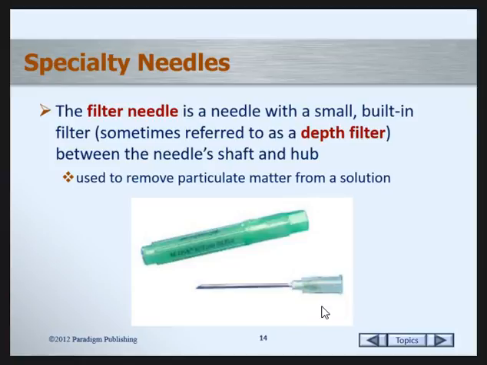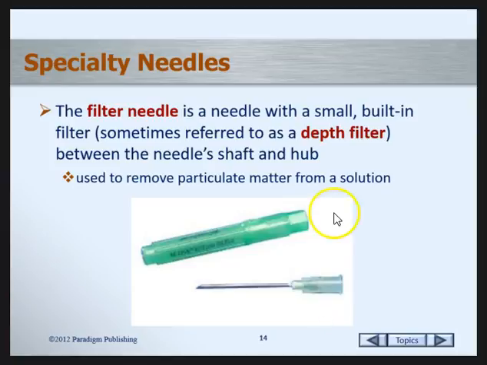So either when withdrawing the product or injecting it into the bag, you will use a filter needle and a regular needle in order. We will discuss that more when we come to chapter 10.